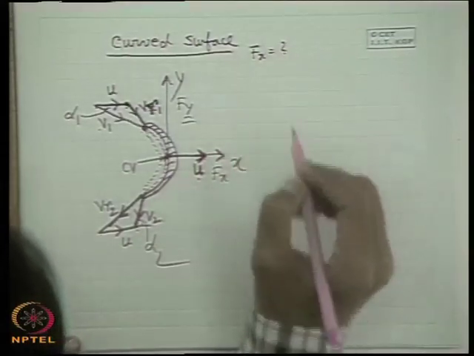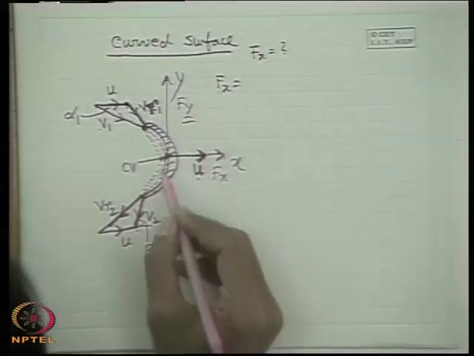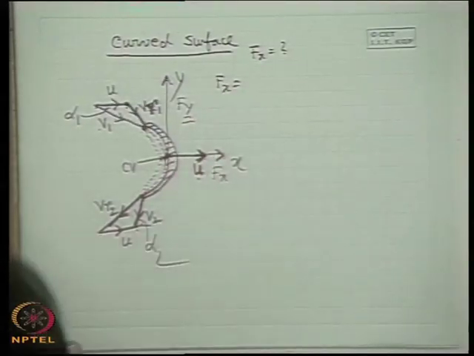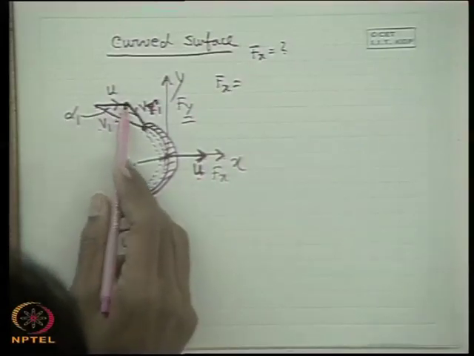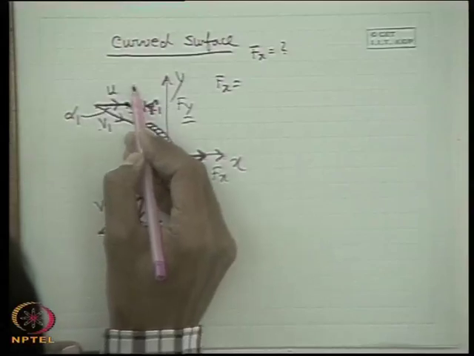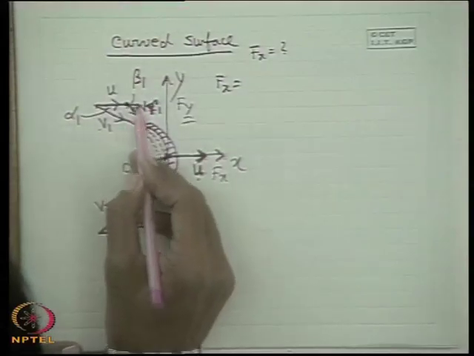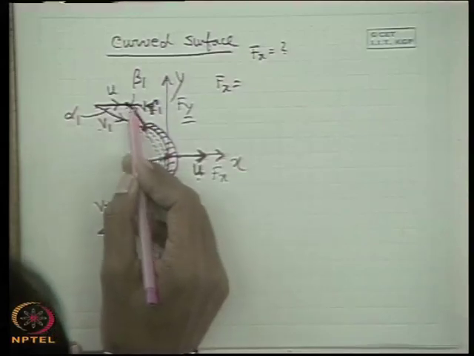Well, Fx. Now, what is Fx? Fx is equal to the net rate of momentum efflux in that direction. Now, what is the net rate of momentum efflux? First, it is the influx Vr1. Let us define this angle. This angle is beta 1. This is the common nomenclature. That means with the direction of the motion, the relative velocity makes an angle beta 1.